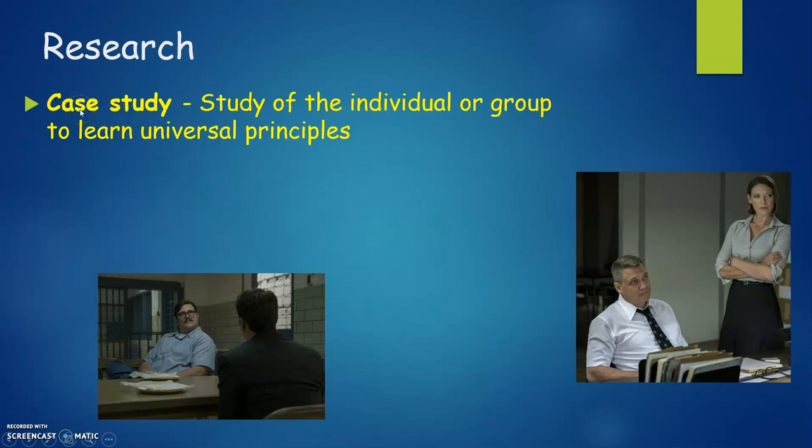Another way of conducting research is you could do a case study. You study the individual or group to learn universal principles. There's a show called Mindhunter, and that's where serial killers were interviewed and they were trying to create kind of a profile of who becomes a serial killer and why.